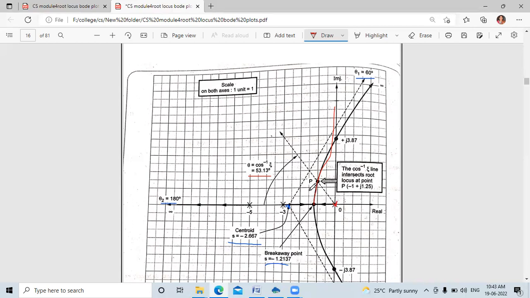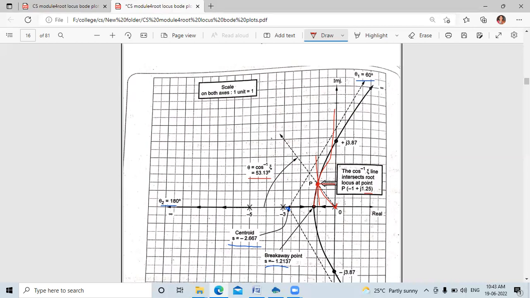After marking these two lines, this line and the breakaway point intersect at this point, minus 1 and the j value is plus 1.25. So that is the value of p.